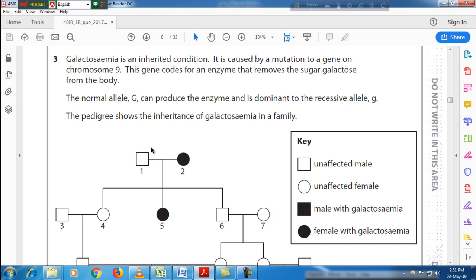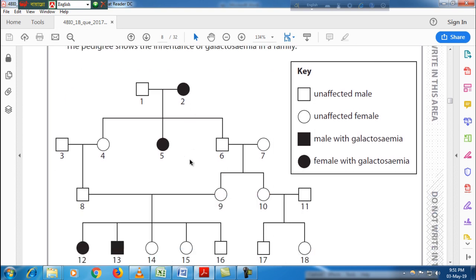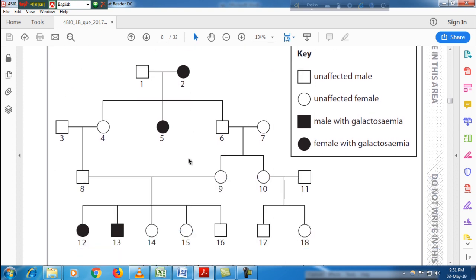So it is unaffected, that means there will be 1 capital letter G. Now here if you see the diagram properly, I am showing you the genotype of individual 1. You see that 1 and 2, but their children are affected. That means they have a recessive allele g, and that means individual 1 is heterozygous.